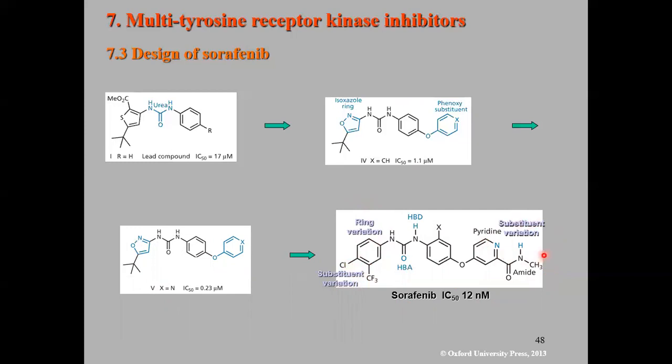That gives you sorafenib with an IC50 of just 12 nanomolar. So they go from 17 micromolar to 12 nanomolar, approximately 1,000-fold increase in activity.